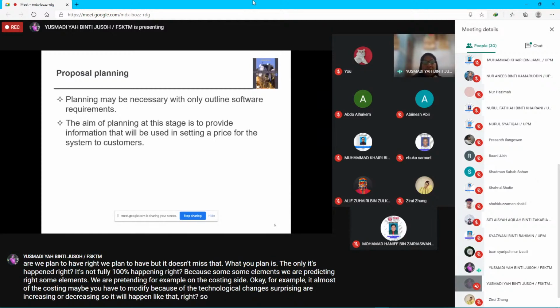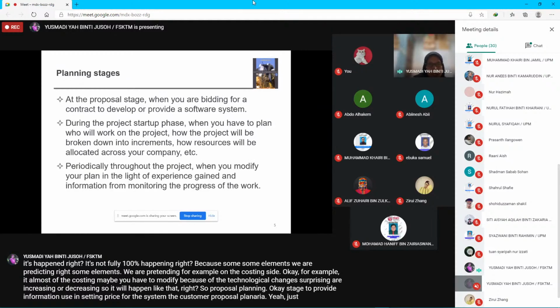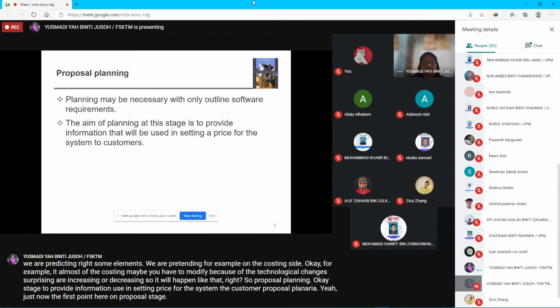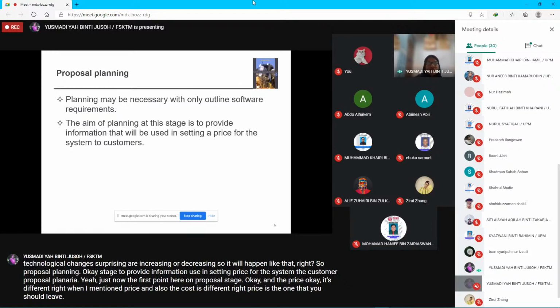Proposal planning aims, at this stage, to provide information used in setting the price of the system to the customer. Price and cost are different. Price is usually the price of the contract or the tender, the agreement on how much the customer is willing to pay the developer.